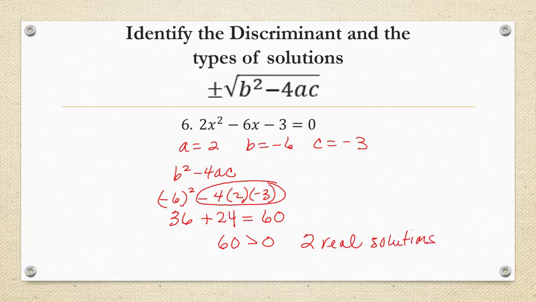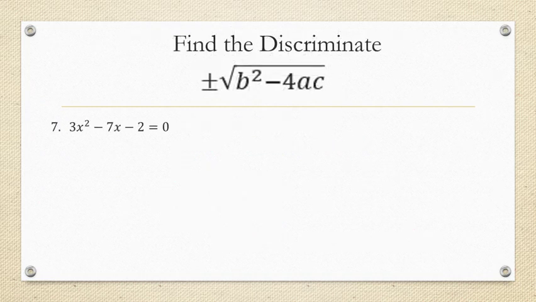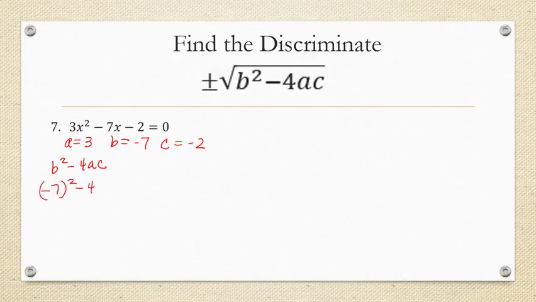Okay? All right, let's try this one. Because this is set to 0 and it's in standard form, A is 3, B is -7, C is -2. Okay, let's try this one. All right, B squared minus 4AC. Okay, we're going to do -7 squared minus 4 times 3 times -2.